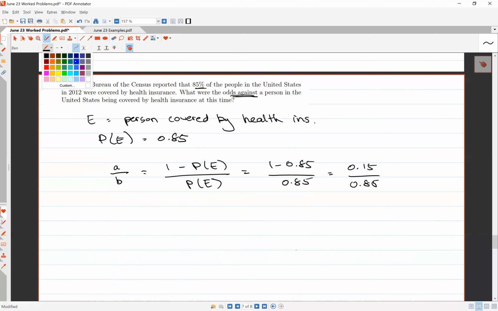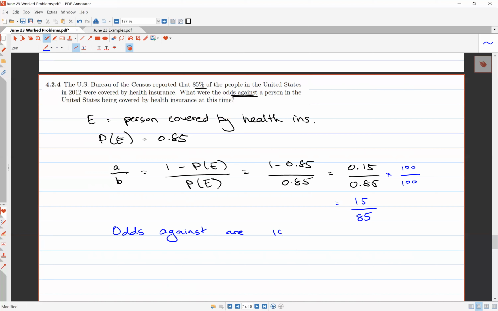Now, I need to convert these to whole numbers. So the first thing I can do is multiply by 100 to get rid of the decimal. So I get 15 over 85. So I can say the odds against are 15 to 85. But again, we want to express these without them having a common factor.